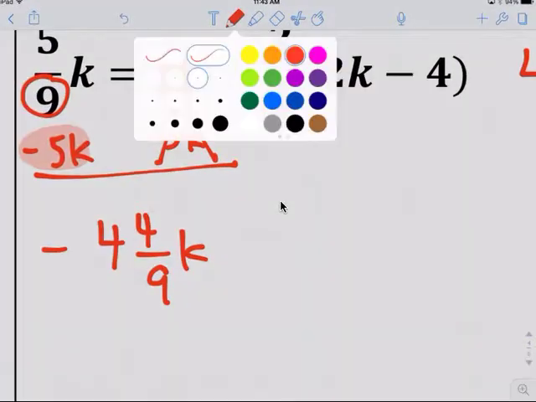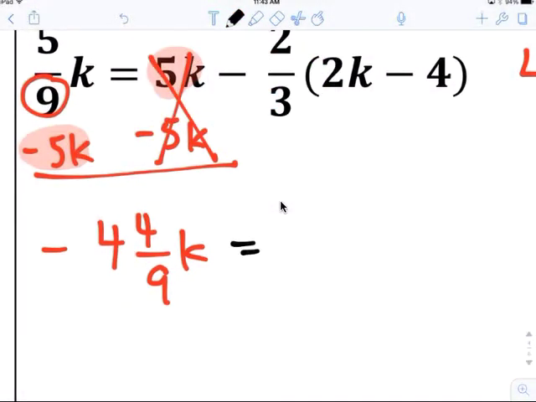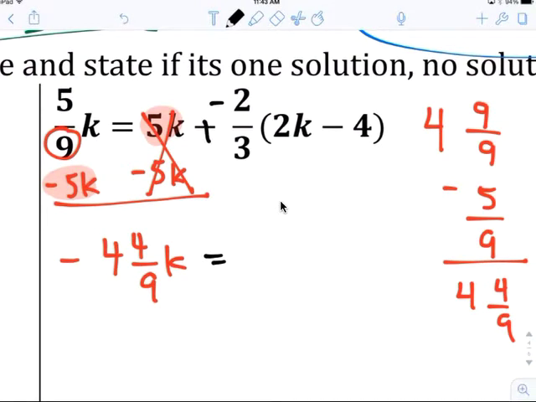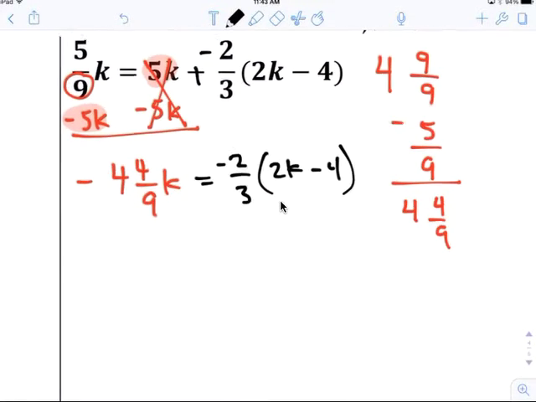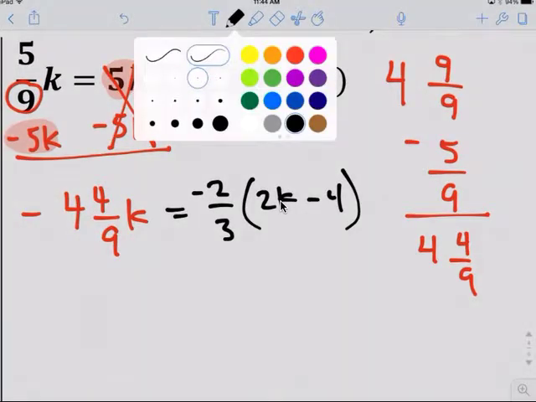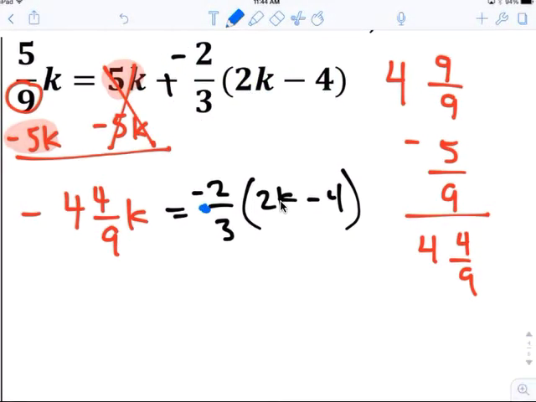Equal to additive inverse, negative 2 over 3 times 2k minus 4. I want to get rid of the fraction. The least common denominator is 9, so I'm going to multiply all of it by 9, times that by 9, and times that by 9. You cannot multiply with a mixed number.